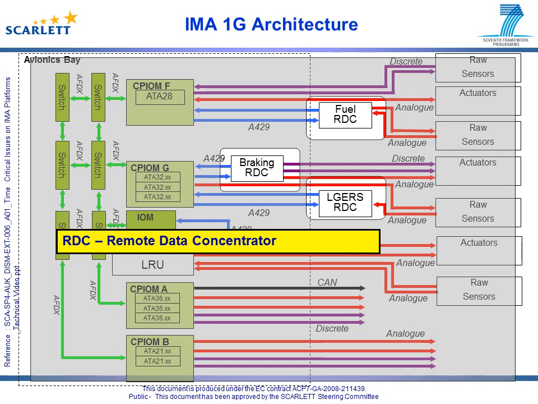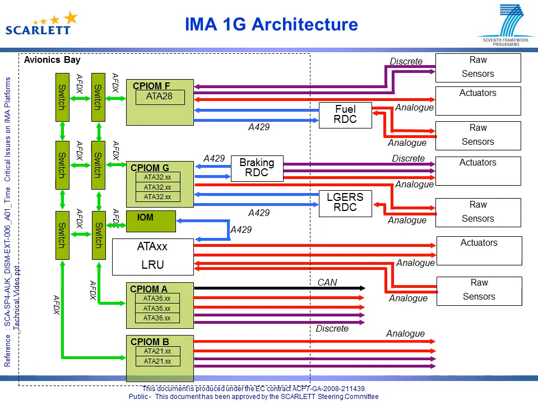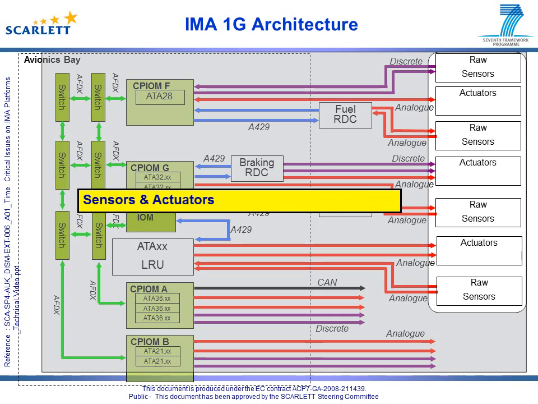These had a large overlap in their functionality but were totally different in their design and implementation, with the associated duplication of development, costs and support. The last part of this slide relates to the sensors and actuators. The term raw sensor has been used to differentiate from a smart sensor, a term which will be covered in the IMA 2G slides.